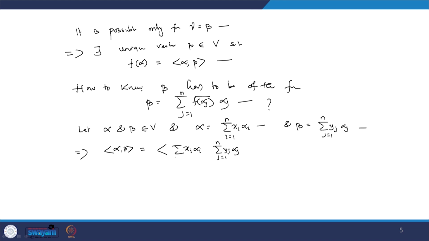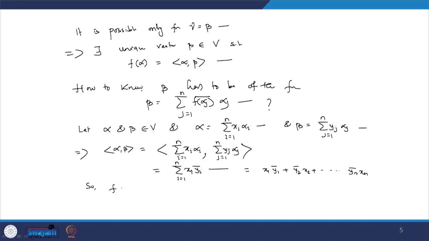Now, using the definition and property of the orthonormal basis, I can straightaway write this as sigma x i and y i bar, i equal to 1 to n. So, this is I mean to say x 1 y 1 bar plus x 2 y 2 bar plus up to x n and y n bar.